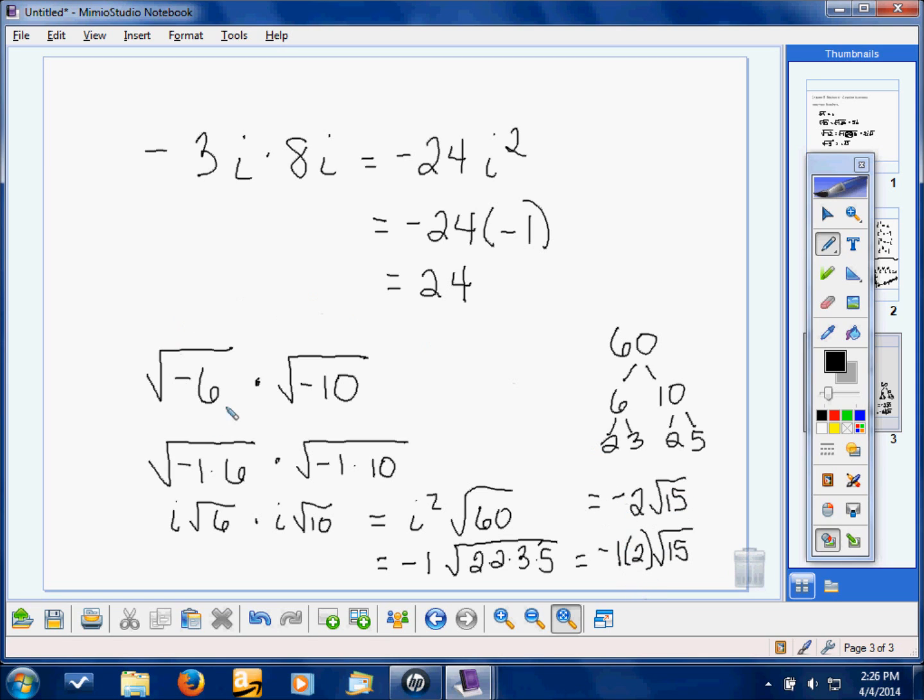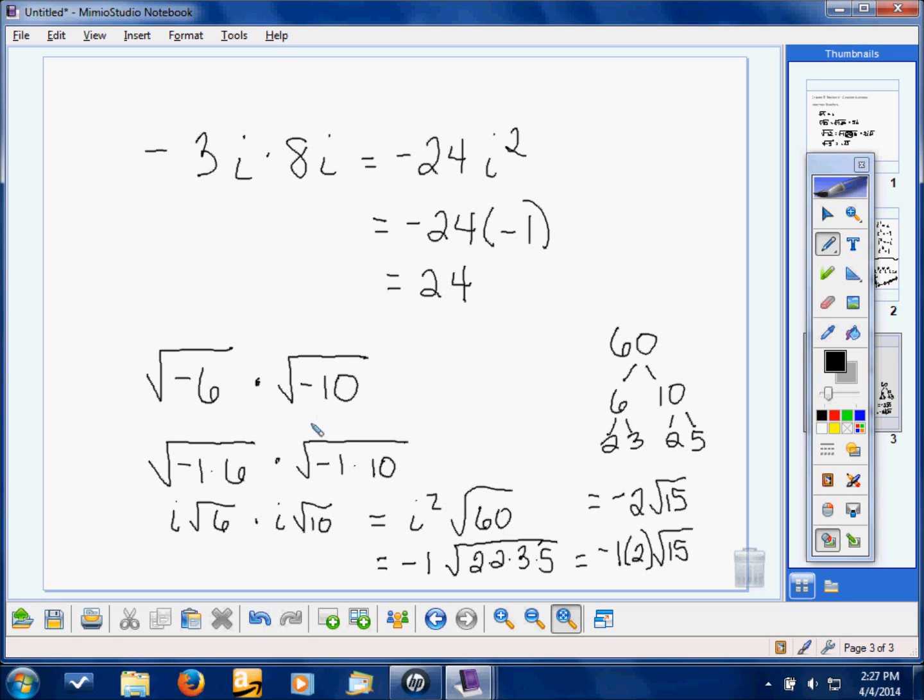Now be very careful. Here's where that whole technicality with the negative comes into play. You have to bump those i's out. If you just did 6 times 10, you would have had just regular 2 times the square root of 15, and that would have been incorrect. So you've got to be super careful on that.